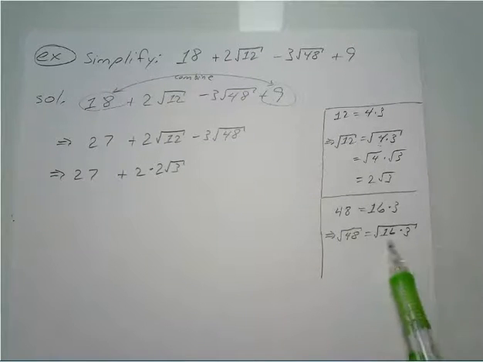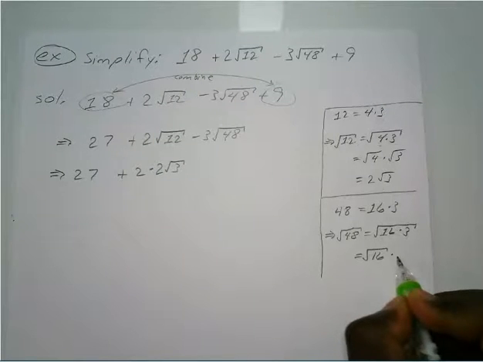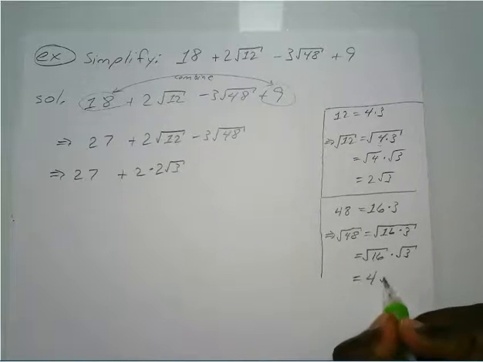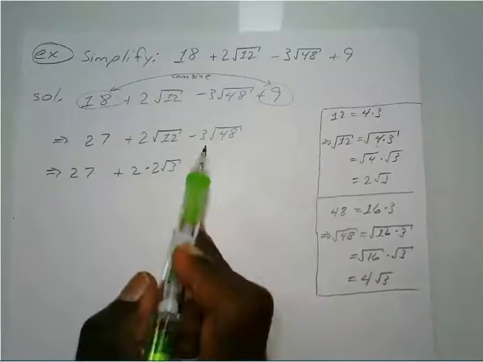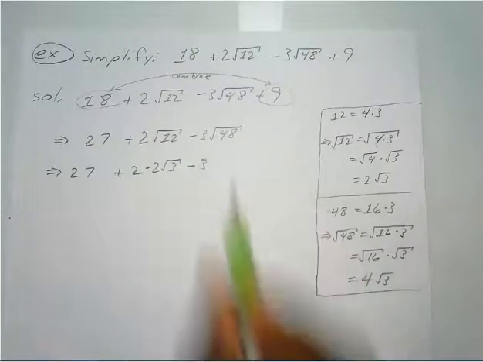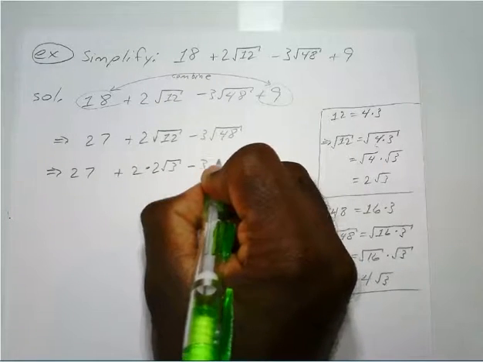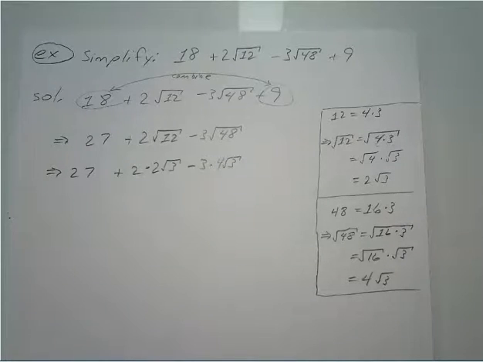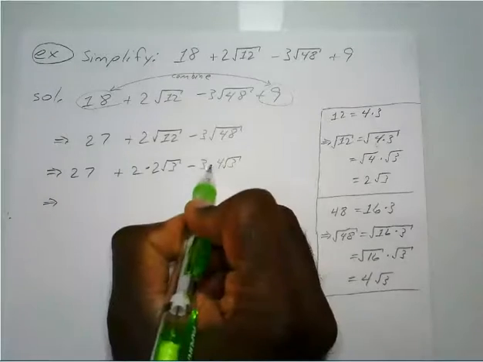Okay, so if we go ahead and separate those two, that's square root of 16 times square root of 3. And square root of 16 is equal to 4, so you have 4 square root of 3. Okay, so this becomes minus 3, and square root of 48 is 4 square root of 3 times 4 square root of 3. Fill that in.